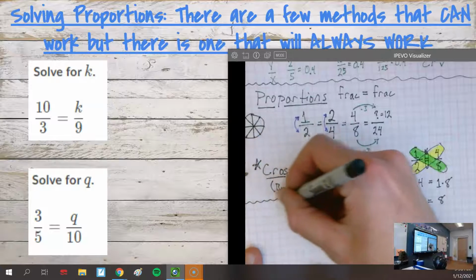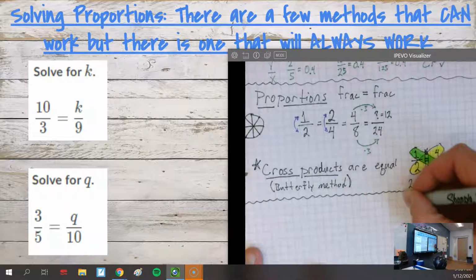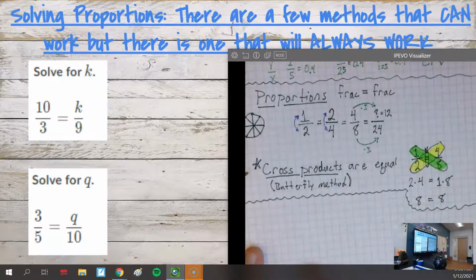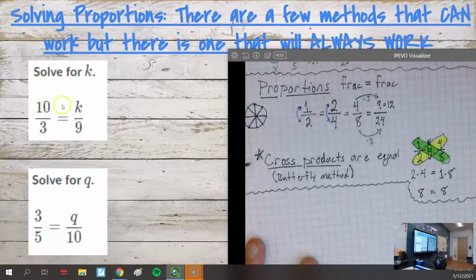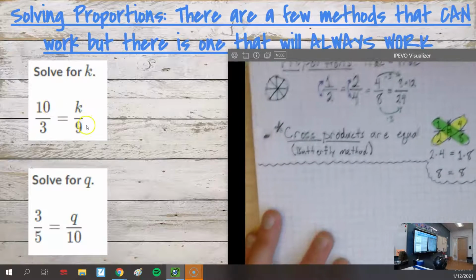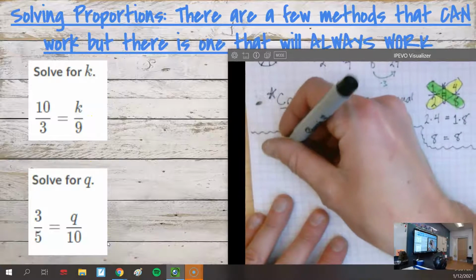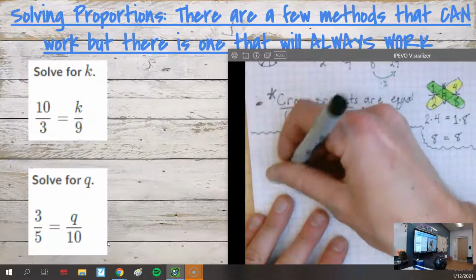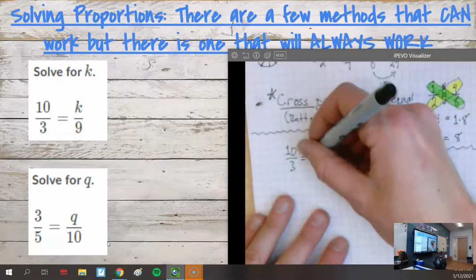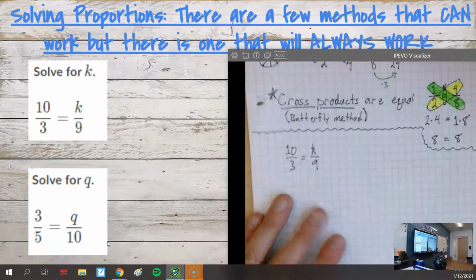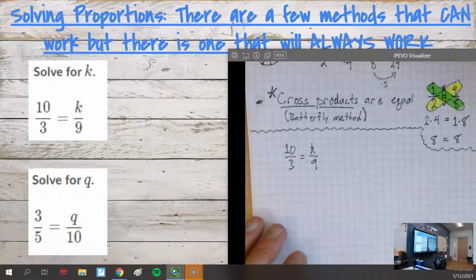These first couple proportions will not need cross products. So now write down those two proportions up on the screen. The 10/3 equals k over 9. Go ahead and try to solve this on your own.